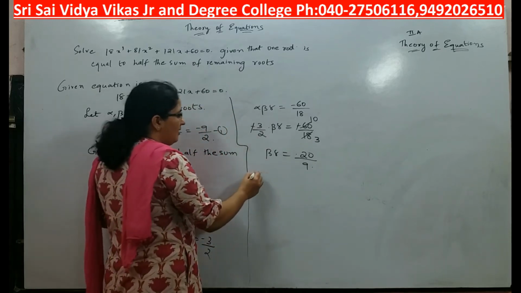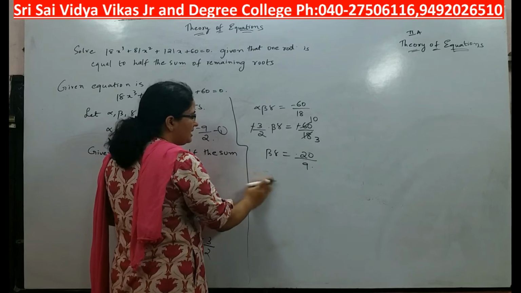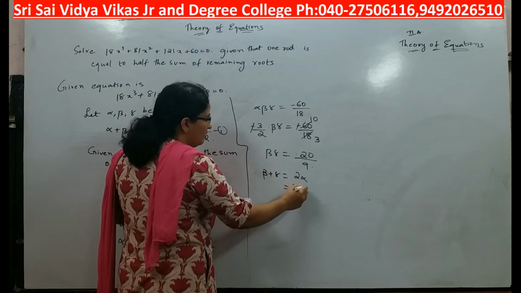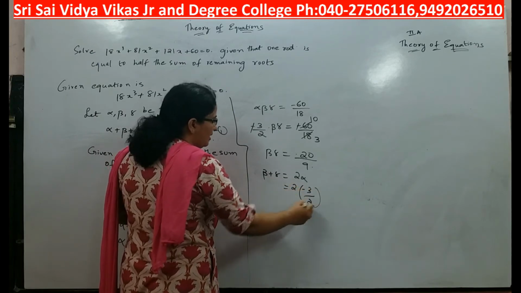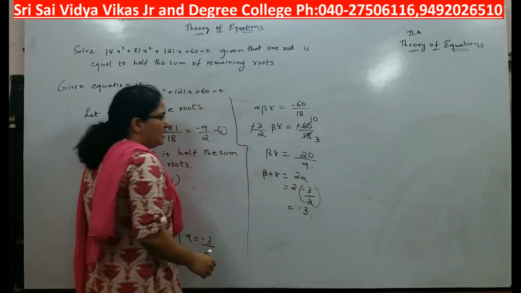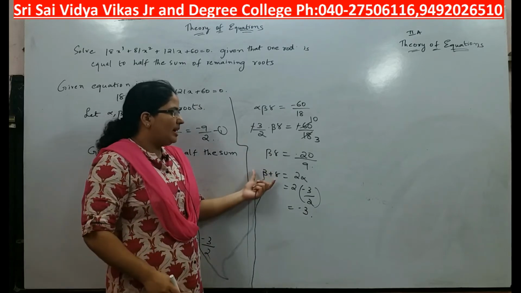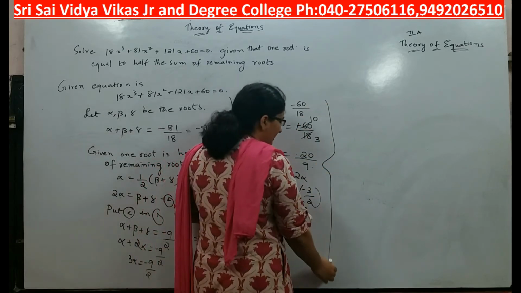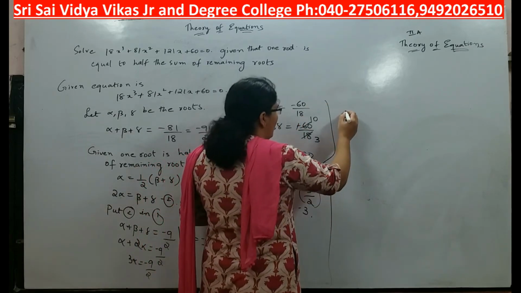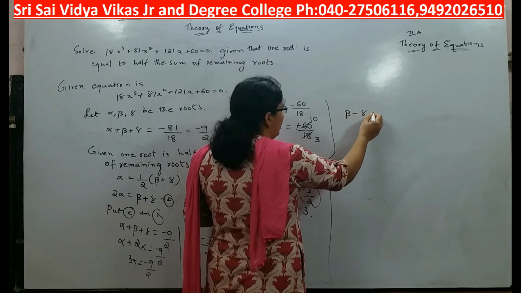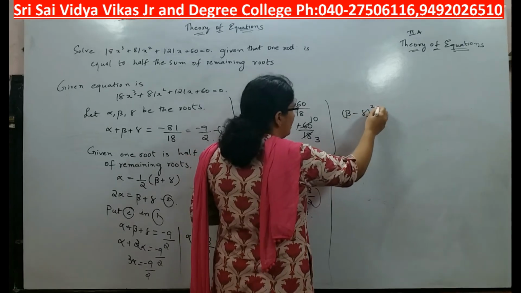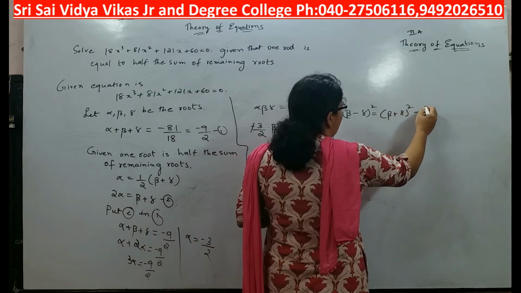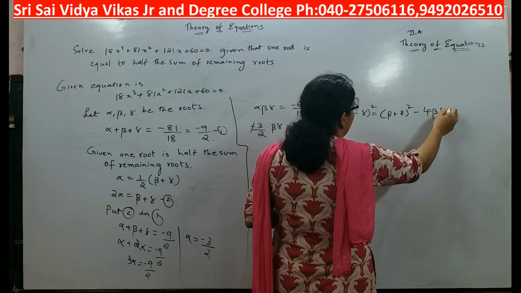Now, beta plus gamma is equal to 2 alpha, that is 2 into minus 3 by 2, which is minus 3. You have beta gamma and beta plus gamma, we will find beta minus gamma. Beta minus gamma whole square is equal to beta plus gamma whole square minus 4 beta gamma.